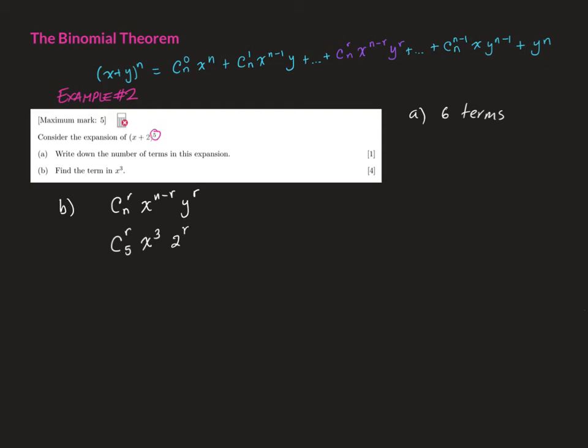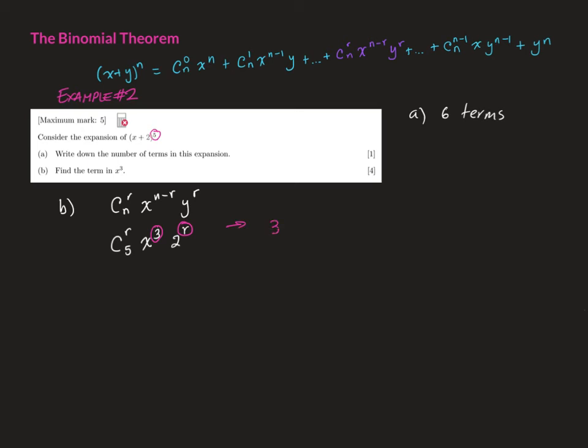Now what I need to know is what should be the value of r. Now we stated that in binomial polynomials, the exponents of the two terms in the binomial, in this case the exponent of 3 and the exponent of 2, need to add up to the total power.